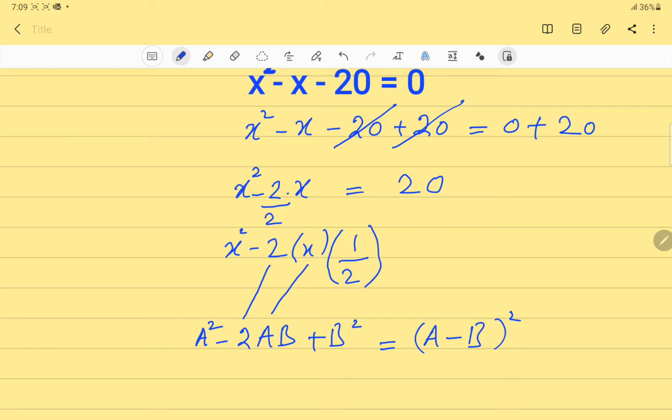So in order to complete the square, this 1 over 2 corresponds to b, and the next term is the square of b. So we will add the square of 1 over 2 here. And since we are dealing with an equation, we will add the same on the other side as well, to keep the balance of the equation.